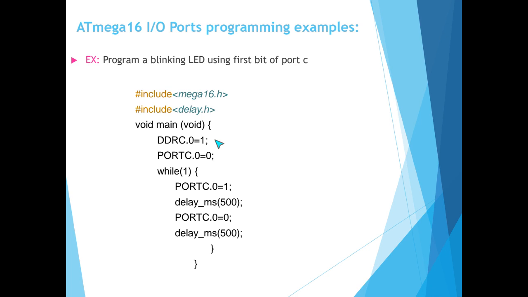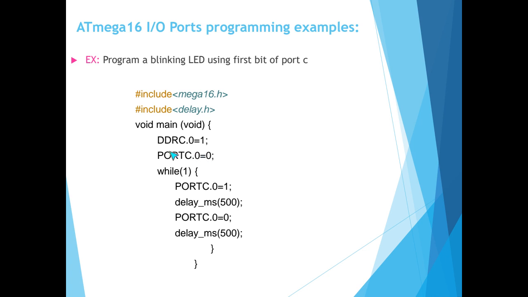And then we should give 0 volt to the first bit of port C, and to give the initial value for the bit of a port that's configured as output, we use the PORT register. PORTC.0 is equal to 0.